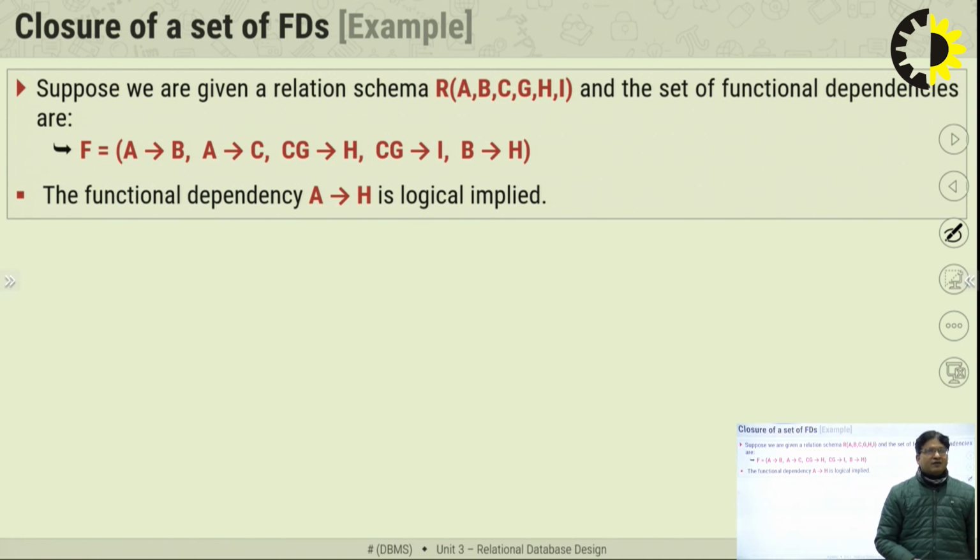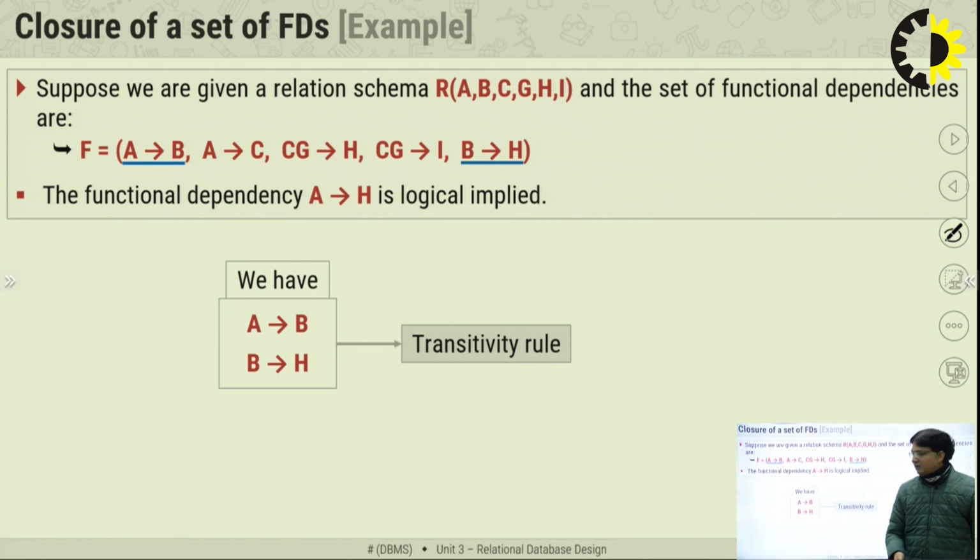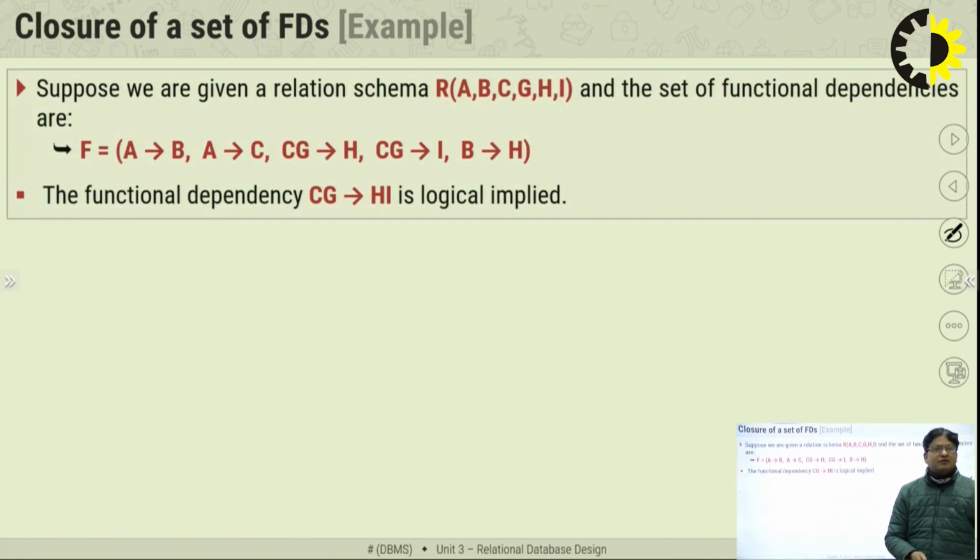First new FD that we have derived: A determines B and B determines H. This means A determines H, using rule number 3, that is the transitive rule. So using the transitive rule we have determined that A determines H. What new FDs can we find out?